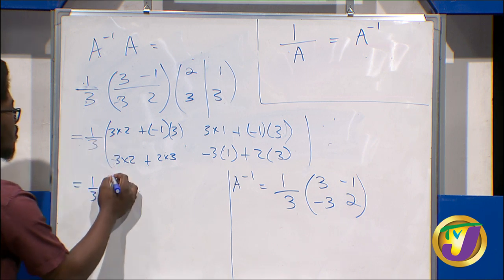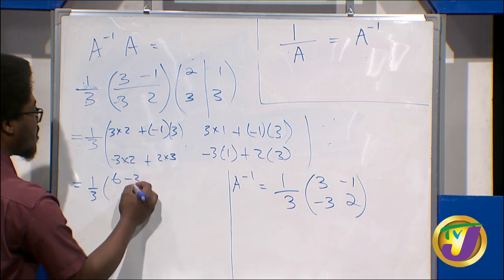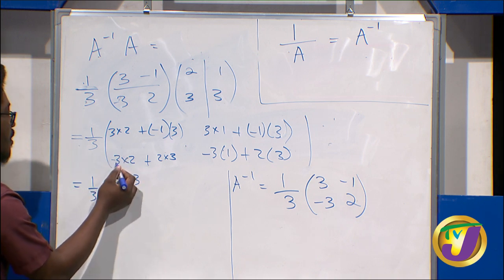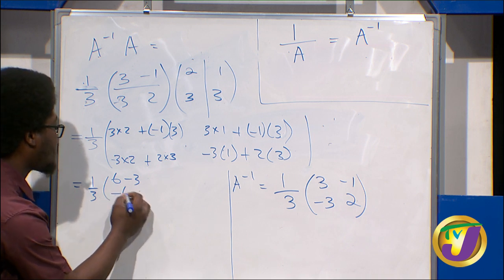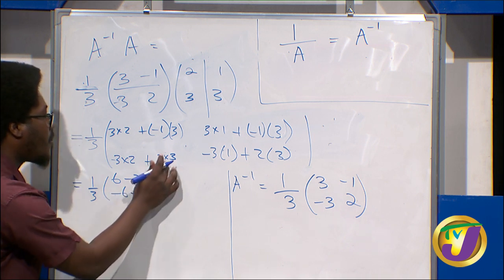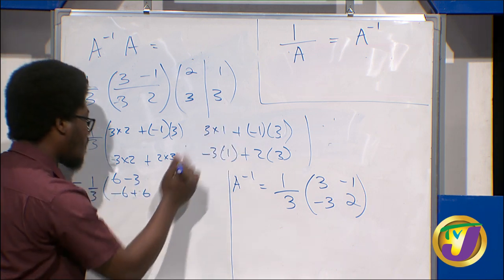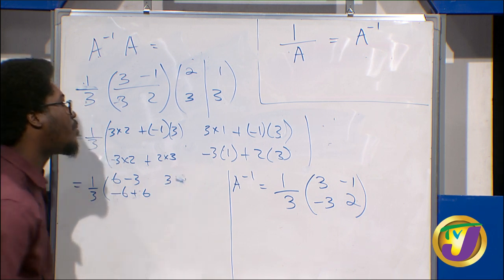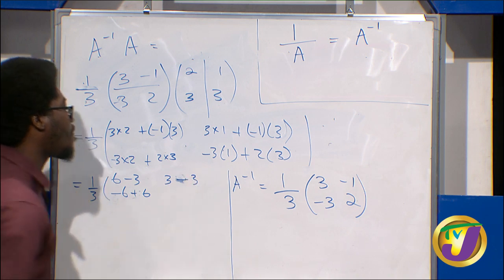3 times 2 is 6. -1 times 3 is -3. We have the product of -3 and 2, which gives us -6, and the product added to the product of 2 and 3, which gives us 6. We have the product of 3 and 1, which is 3, and we're going to add that to the product of -1 and 3, which is -3.